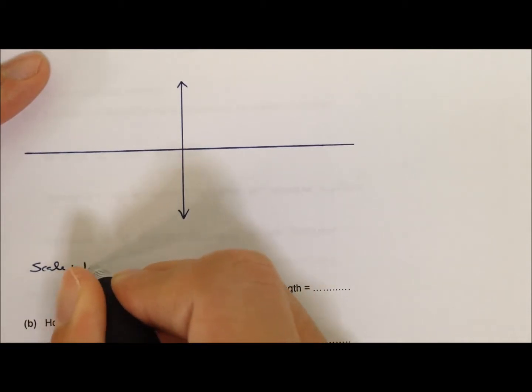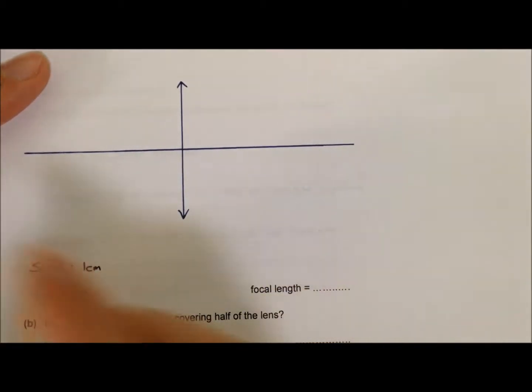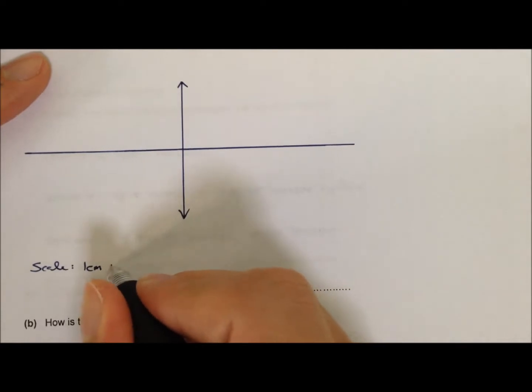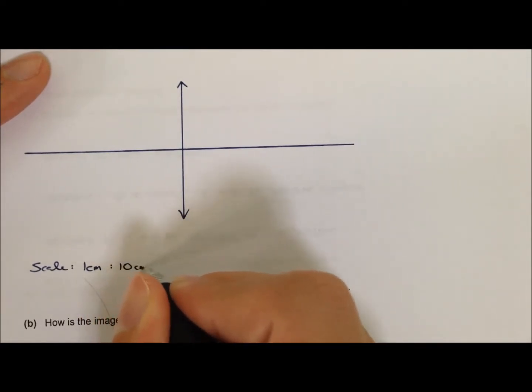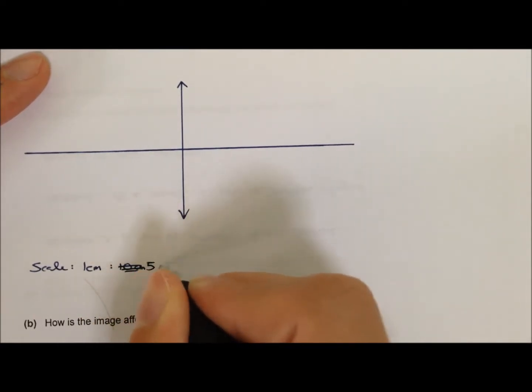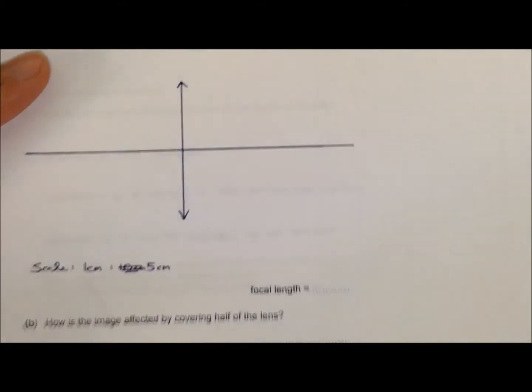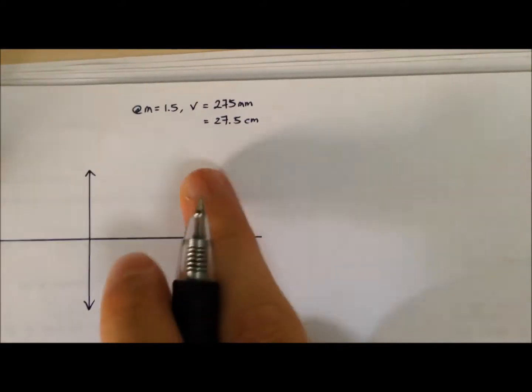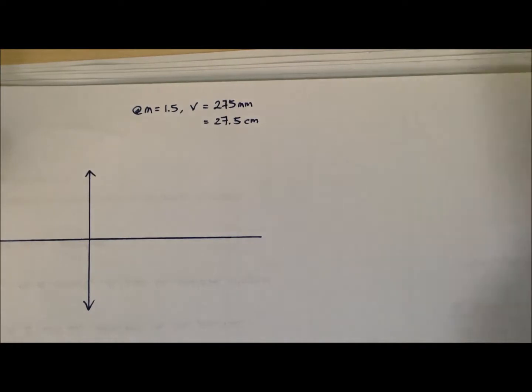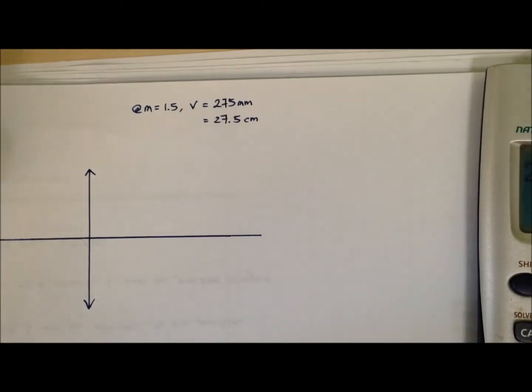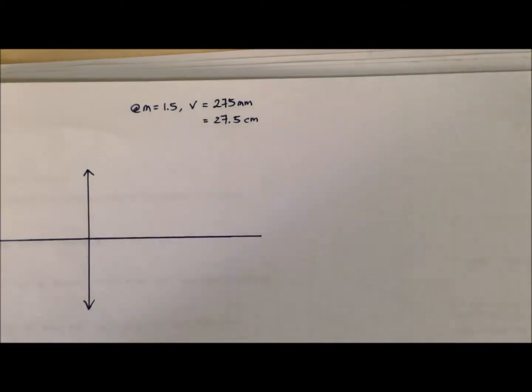So 1 cm on my diagram would be equal to 5 cm from the data. So meaning that this 27.5 cm on my diagram will become about 5.5 cm.